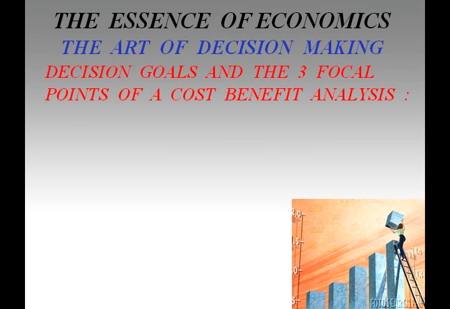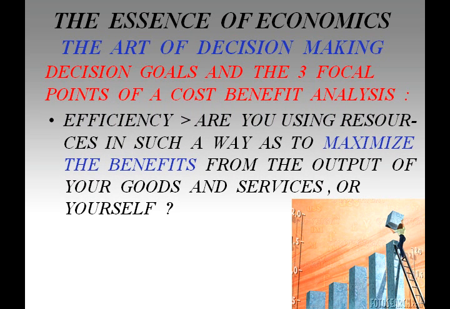So here are the fundamental goals for decision making and how they relate to the 3 focal points of a cost-benefit analysis. With regard to all decisions, an eye should be put towards efficiency, meaning are you using resources in such a way as to maximize the benefits from the output of your goods and services or yourself.